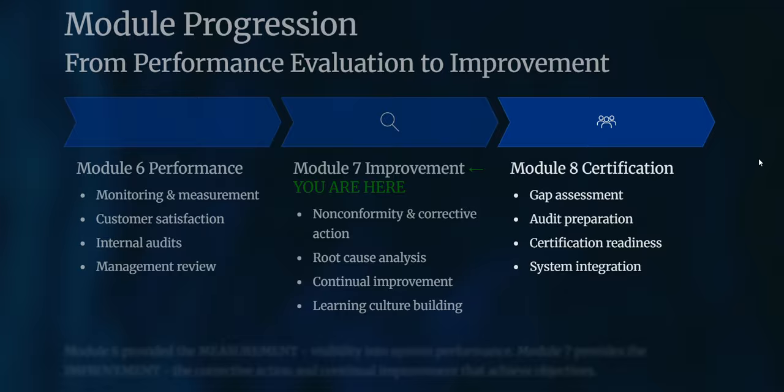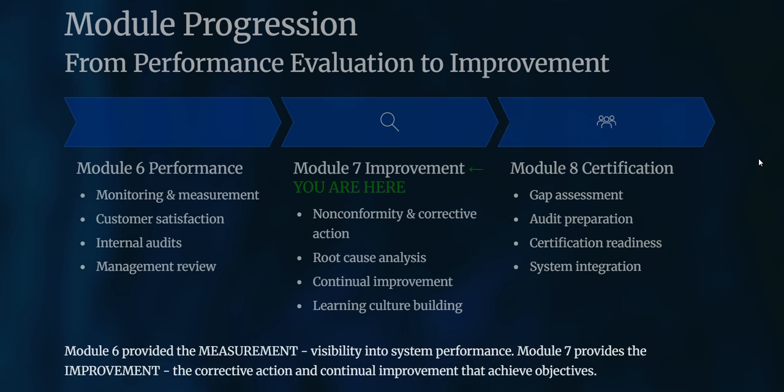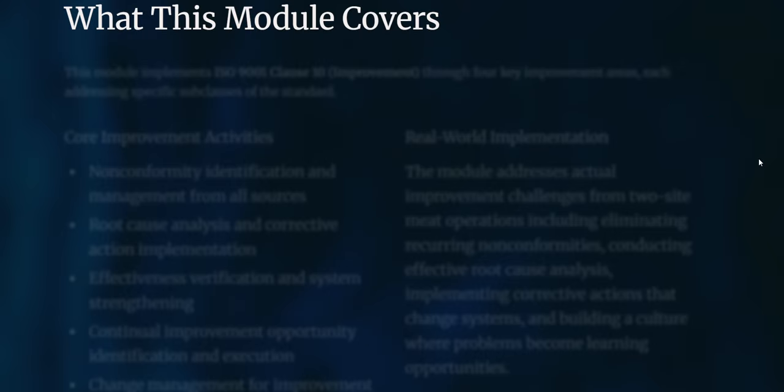Then in Module 8, the final module, which is certification, we will cover gap assessment, audit preparation, certification readiness, and system integration. Module 6 provided the measurement, visibility into system performance, and Module 7 provides the improvement, the corrective actions and continual improvement that achieve objectives.